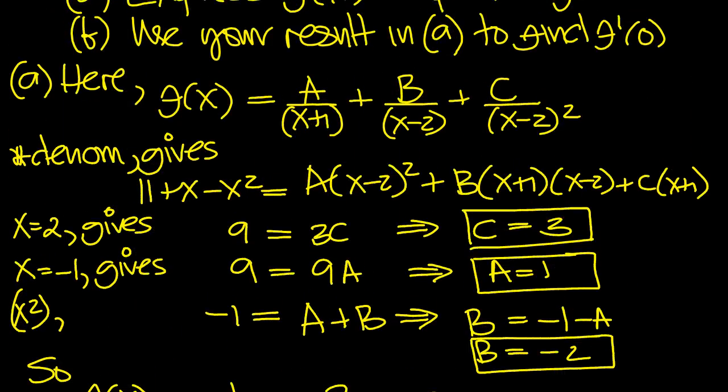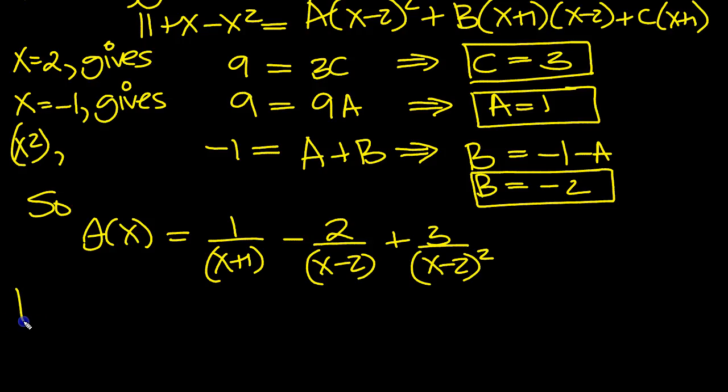Okay, so that's our partial fraction. So use your result in A to find f dashed 0. So part B now. This was A up here, wasn't it? So part B.